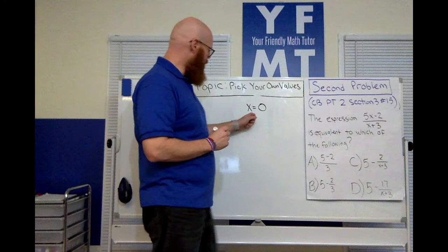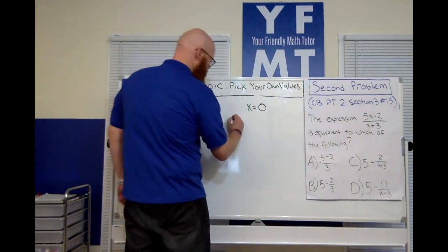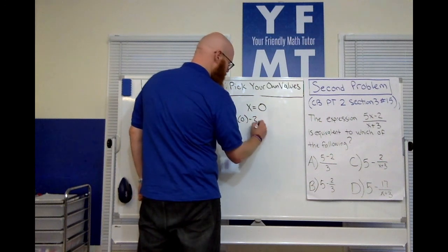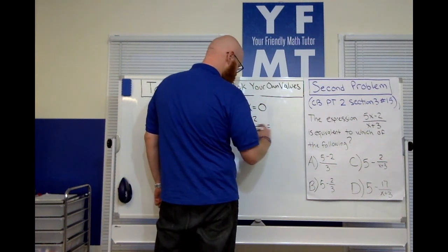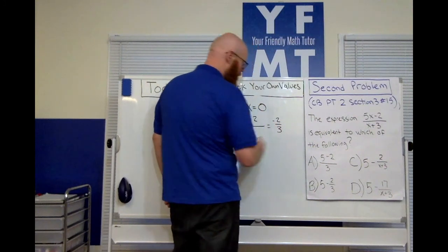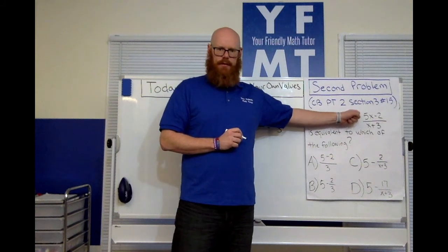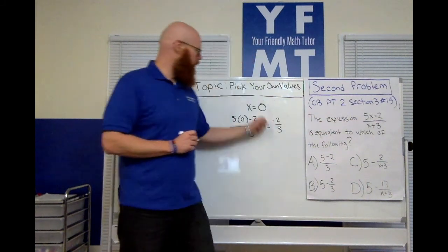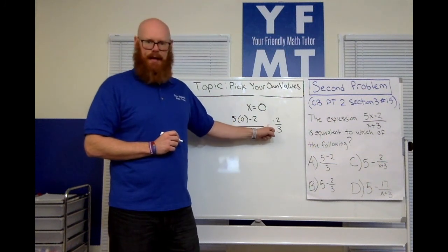And what I'm going to do with it, I'm going to plug it into the expression that was given. So that's 5 times 0 minus 2 over 0 plus 3, which is equal to negative 2/3. Now, if the answer is truly equivalent to this expression, then plugging in 0 to that should give me the exact same answer.